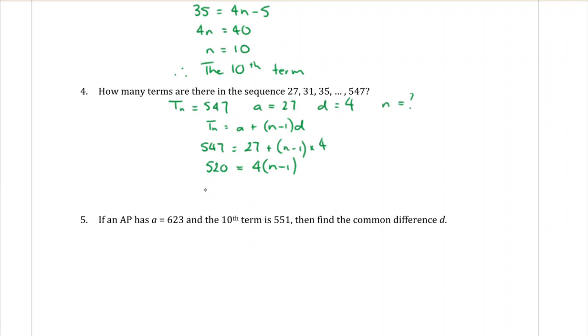I don't actually need the bracket anymore if I'm dividing the 4 away. N minus 1 equals 130. And finally, last step, add the 1 over. N is going to be equal to 131, which means that there are 131 terms in that sequence to get all the way up to 547.